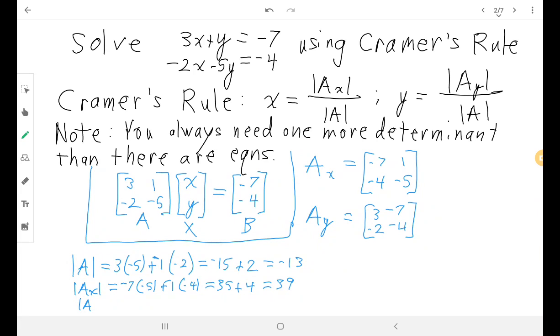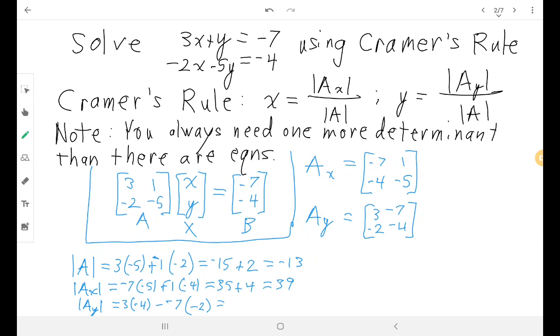And then the determinant of matrix A sub y is going to be 3 times -4 minus -7 times -2.